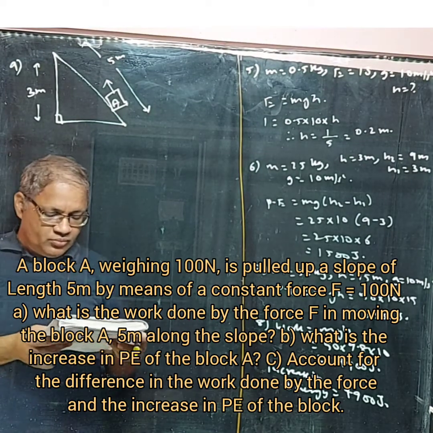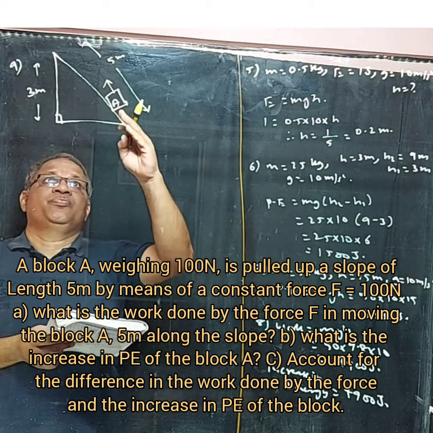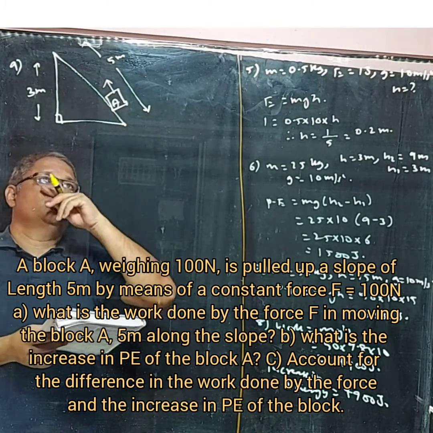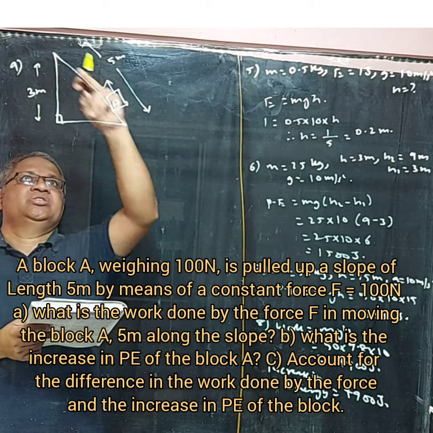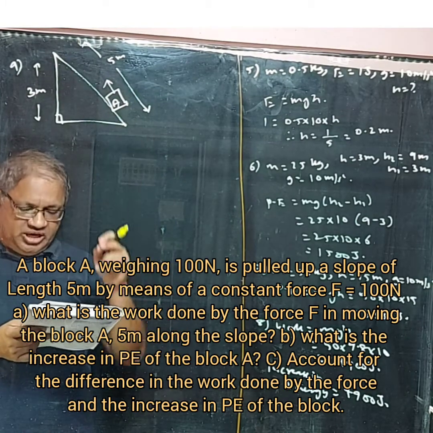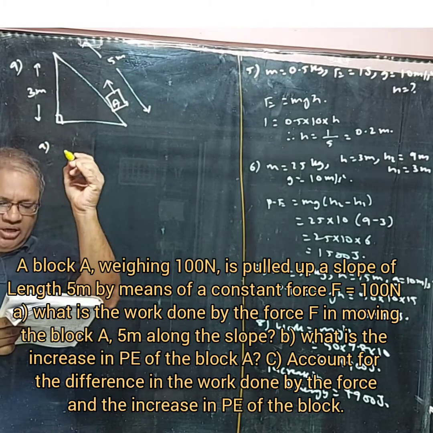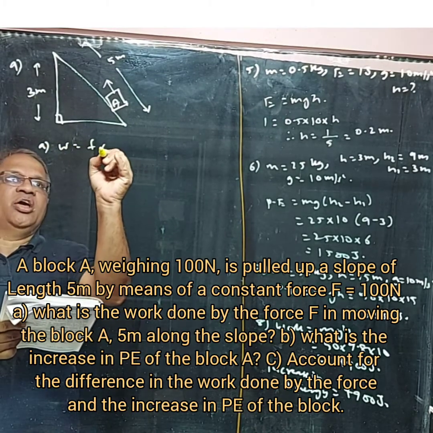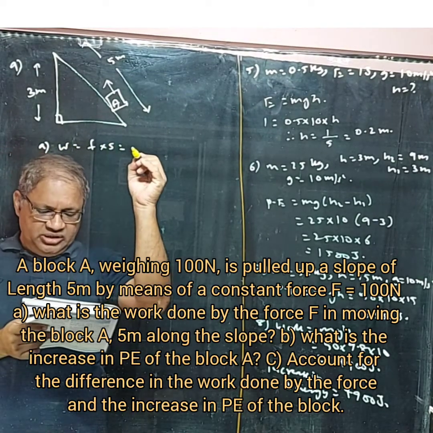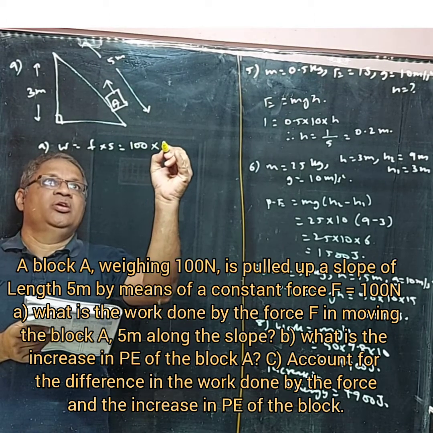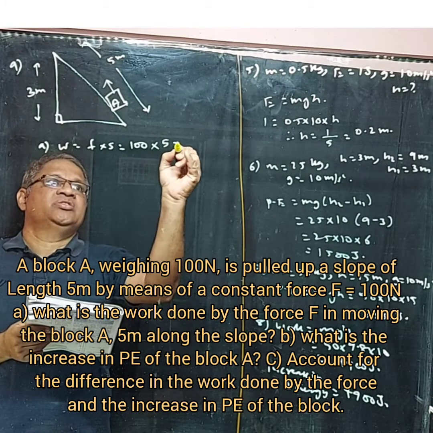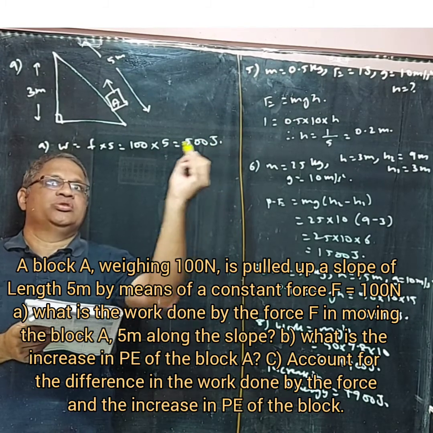So when you are pushing this 5 meter, you use F into S. S is the distance 5 meter and the force they have given. So the A part is W is equal to F into S. Force is 100 Newton and S, that is distance, is 5, that is 500 joules.